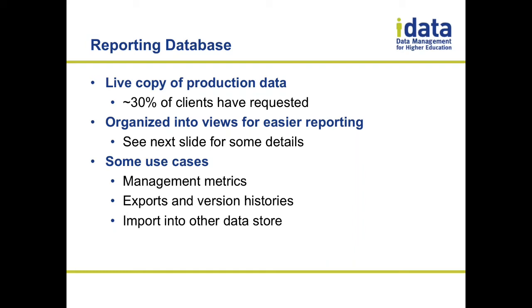You may also want to export things like specifications or users and user activity. And then what we've seen as well is that clients will import this into another data store and make it available as part of their institutional reporting environment, such as a data warehouse, or use it to annotate reports that are shared with end users.